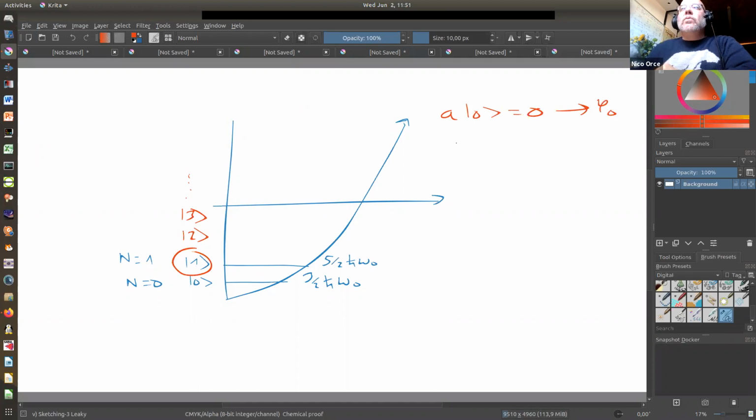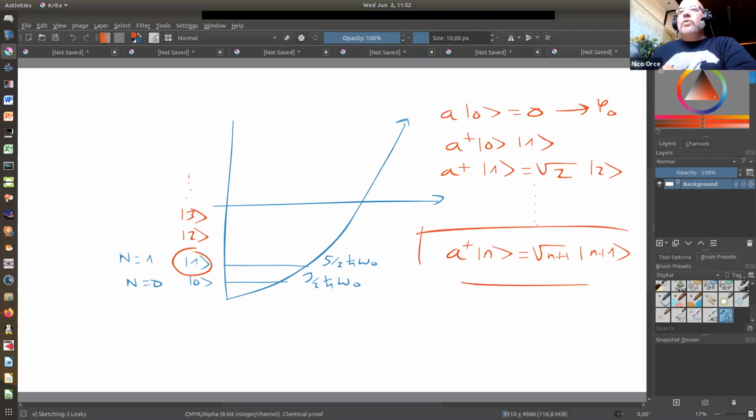And now we're going to, boom, always the creation operator on 0 will give us 1. The creation operator on 1 will give us a square root of 2, right? And so on and so forth. Always applying that a dagger on n is equal to square root of n plus 1, n plus 1.